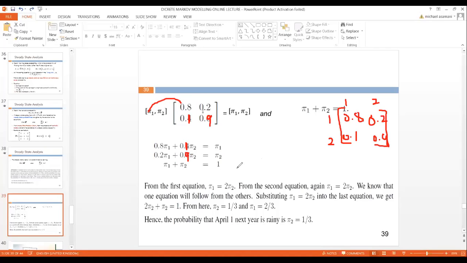So you make pi 1 the subject in equation 3, which will be 1 minus pi 2, and that is the task I was giving to you. Substitute this into equation 1 and then find pi 2 for me. I'm very specific.